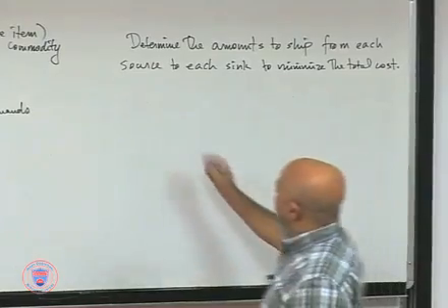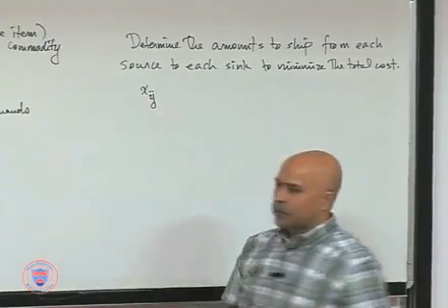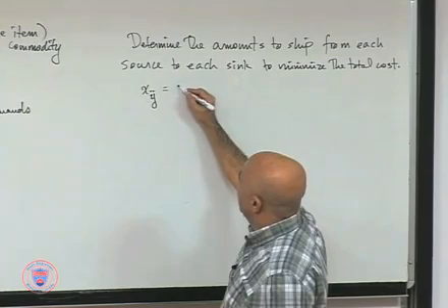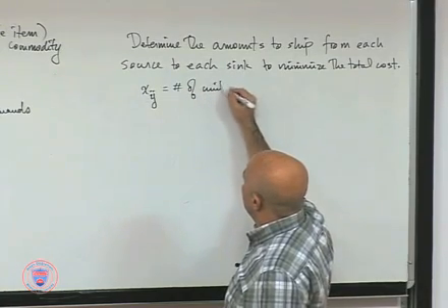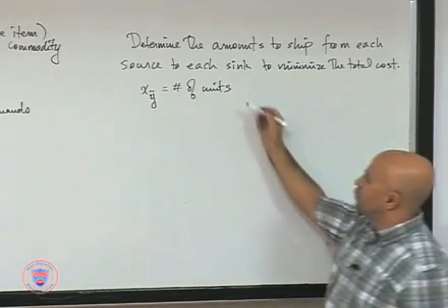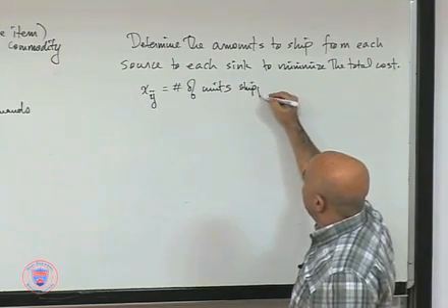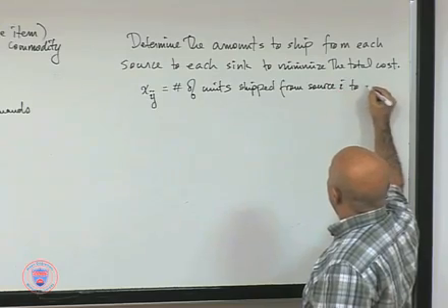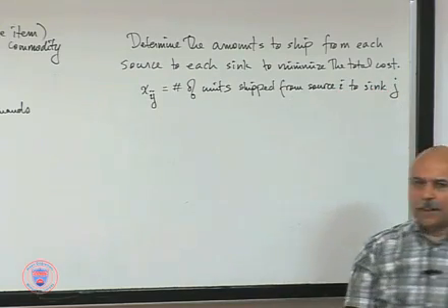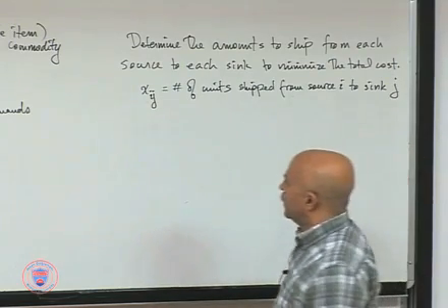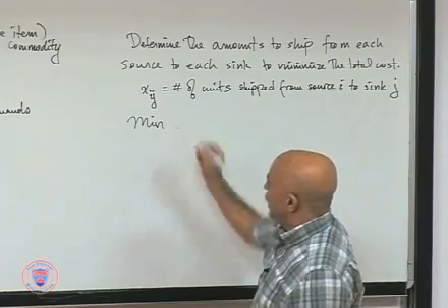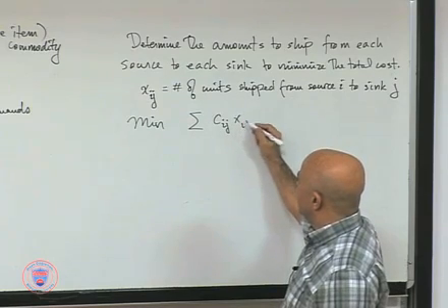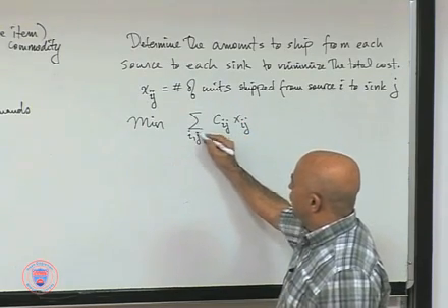And it's easy to formulate this problem if you define a double subscripted variable, xij, which stands for the number of units or the number of truckloads shipped from source I to sink J. So the problem we have is to minimize the total cost, which is going to be Cij times Xij summed over I and j.